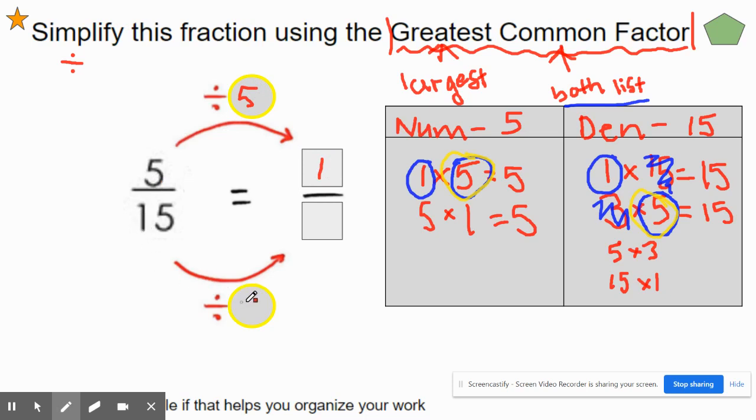And 15 divided by 5, because whatever you do to the top, you have to do to the bottom, equals 3. So when you simplify 5 over 15, it simplifies to 1 over 3.